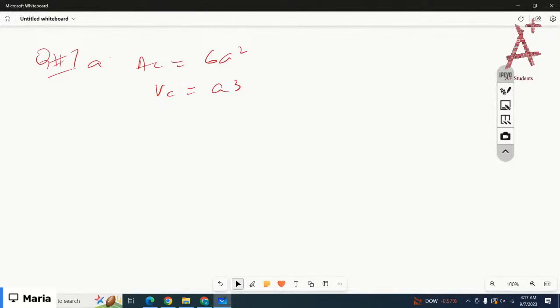So we use the formula for the surface area to determine the length because we are given the surface area, that is 150, right? So just put the value here. 150 equals 6a square. So when you divide by 6, a equals 5 meter, right?